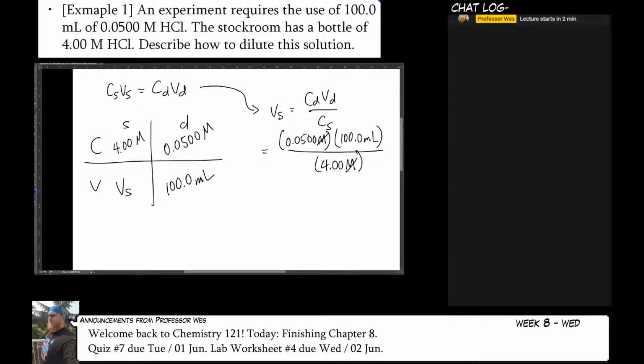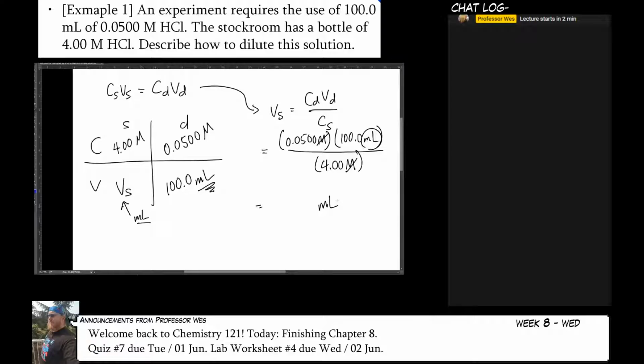Now remember, I said that you can use any units you want to, as long as they are the same. So if this is in milliliters, this will end up in milliliters. You could see that because that's the unit that's left over, right? So we'll punch that in the calculator.